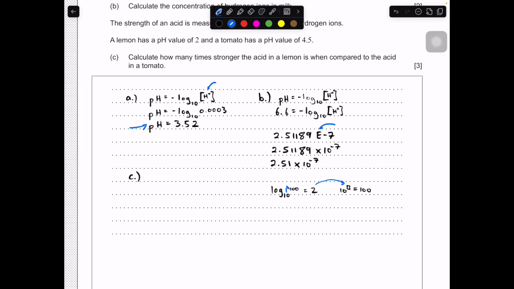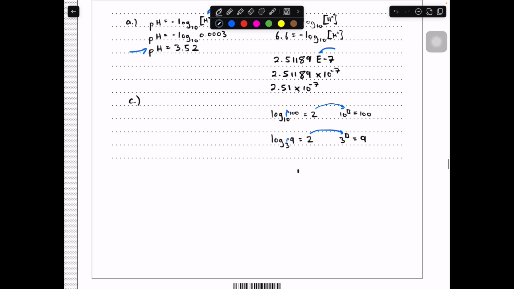So similarly, let's choose some different numbers here, let's say log base 3 of 9. Essentially we're saying, 3 to the power of what gives us 9? Well, 3 squared gives us 9.